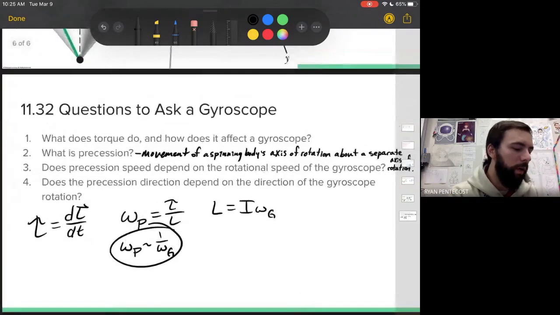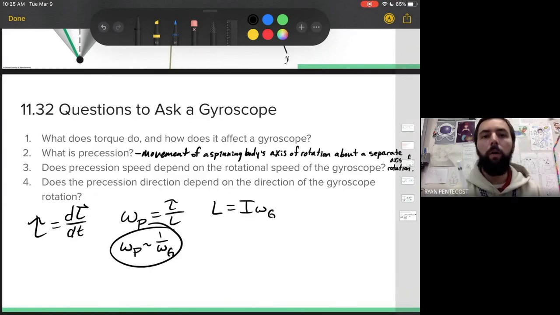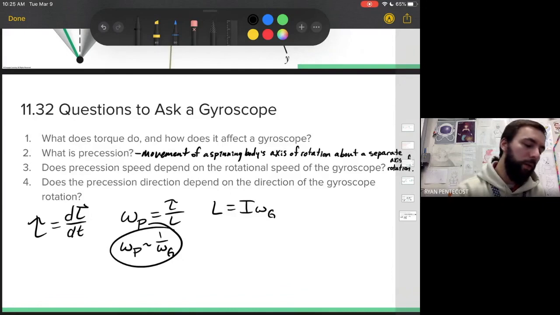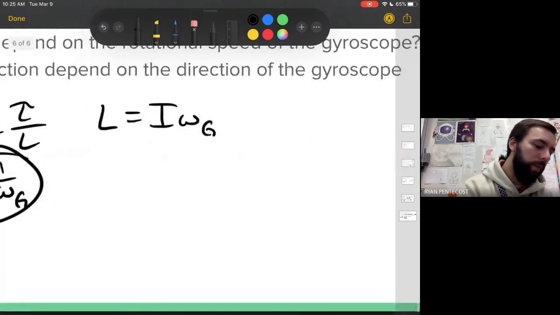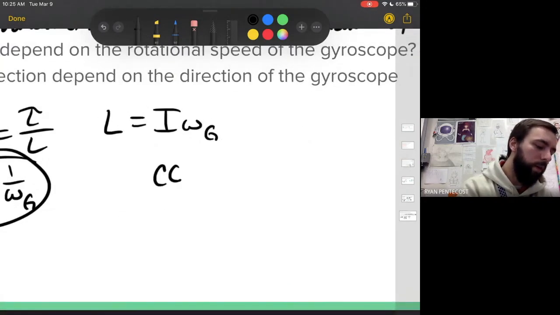Number 4, last question, does the precession direction depend on the direction of the gyroscope's rotation? That it does also. If you have a gyroscope rotating counterclockwise, the precession will also go counterclockwise. And if your gyroscope is spinning clockwise, the precession will also go clockwise. And we can also see that here. Counterclockwise angular velocity is positive, right?